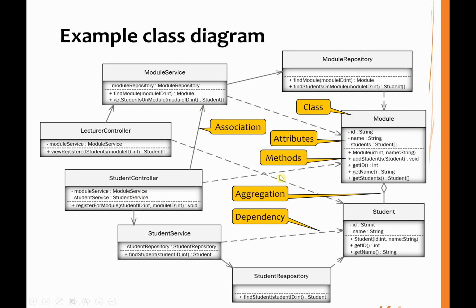The dotted line is a dependency, and that tells me that this class is making use of instances of that class, but they're not going to be stored in the student controller fields. Here we've got an aggregation, and that's really just a fancy name for a collection. Module has a collection of student objects, and that's indicated with this aggregation symbol, and the diamond shape is placed against the class that holds the collection.